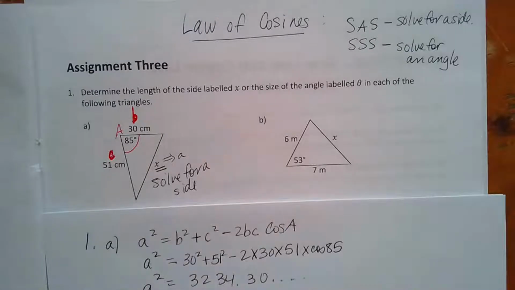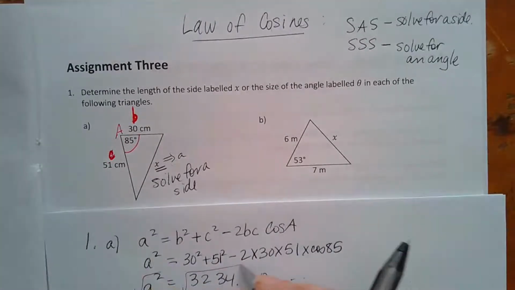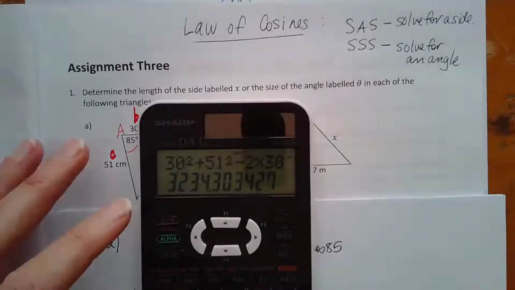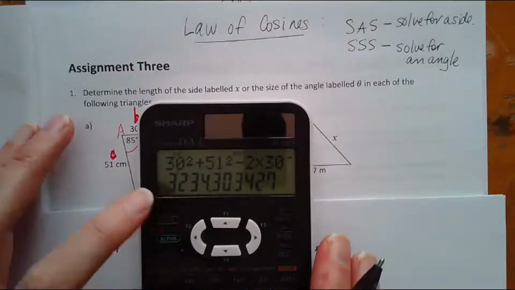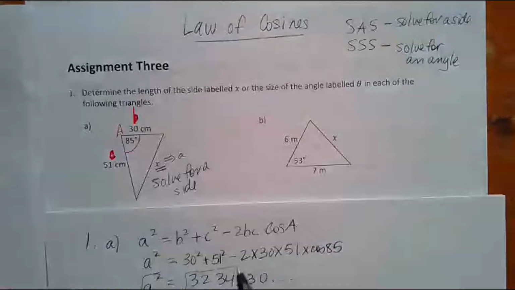I want to find A, so I have to square root everything. I just press the square root button and equals, and I get 56.87.